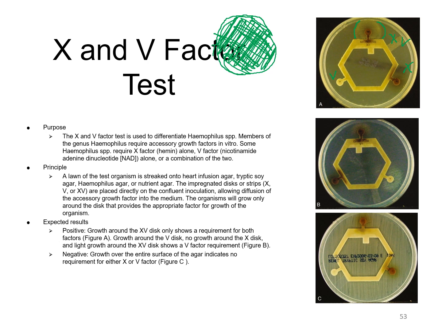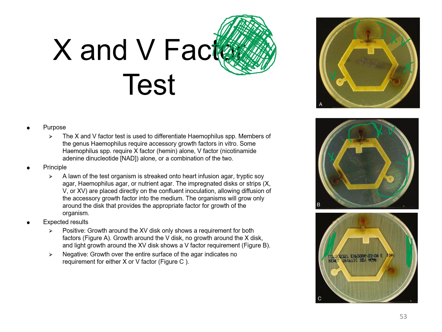Then here in image B, we have V to the side, X, and XV up top. This organism grows around V and XV, so it requires V to grow but no X. At the bottom, you've got growth all over the entire plate.